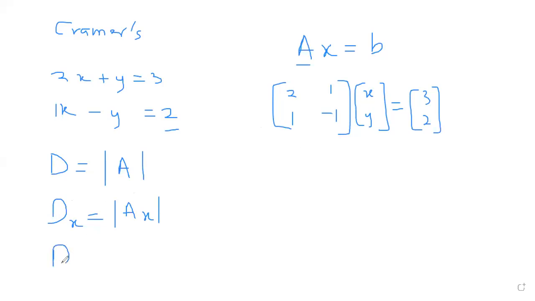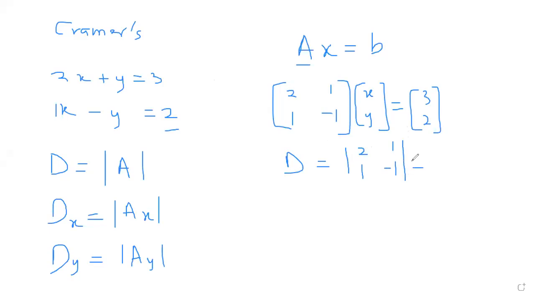Then finally you find Dy, which is also just like Dx, replacing the y component with the solution. Very good. Let's see how it works. So if this is what Cramer is saying, then first we find the determinant of A. So we find D. D will be the determinant of 2, 1, 1, and negative 1.